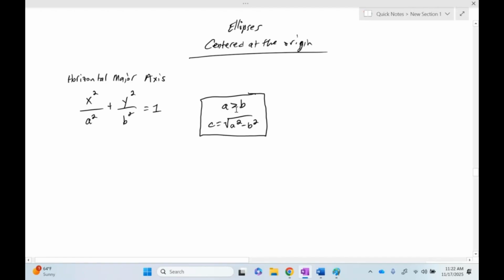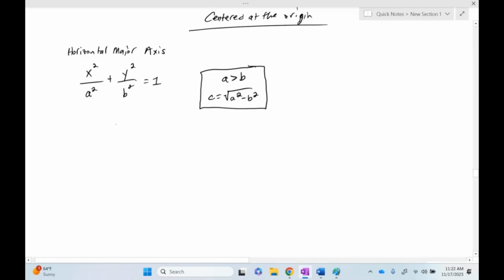So if you have a horizontal major axis, the graph is going to look something like this. It's going to be oblong about the x-axis. Notice that the major axis is longer than the minor axis.